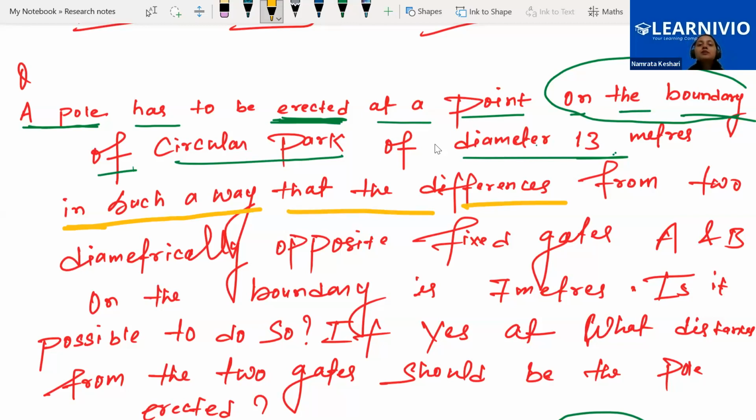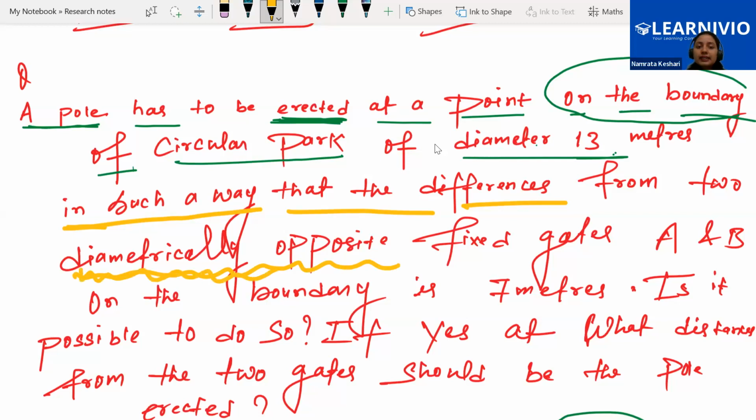So diametrically opposite fixed gate we have to make A and B. A diameter we have to make and the opposite end will be the fixed gate. That's called A and B, which is clearly written over here.